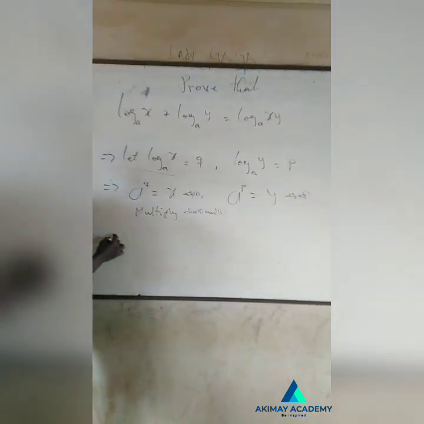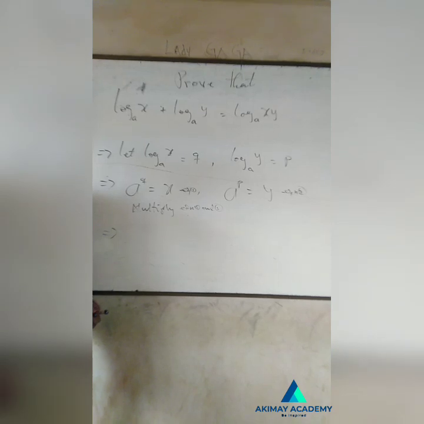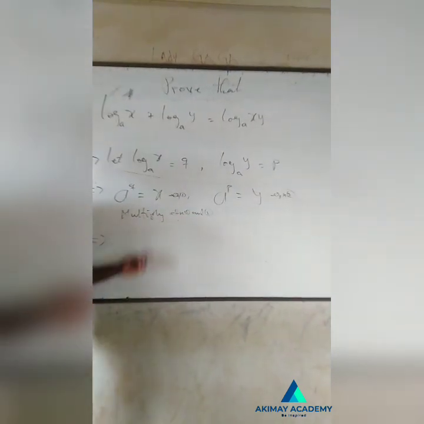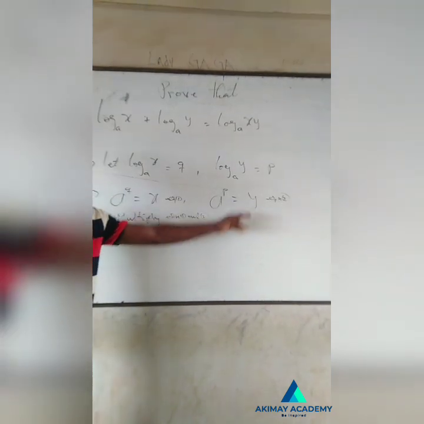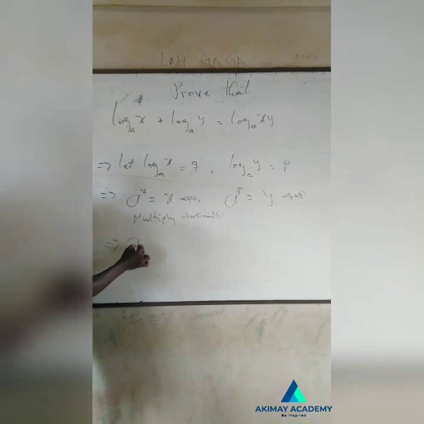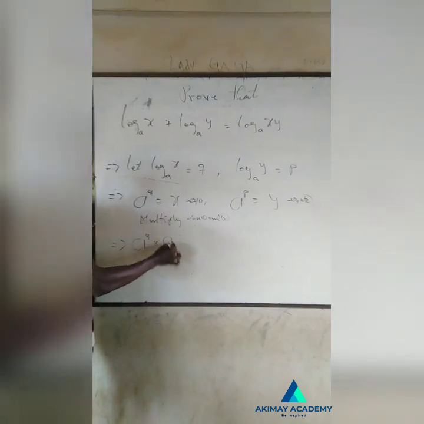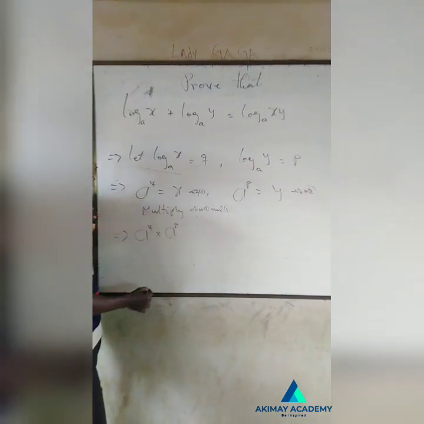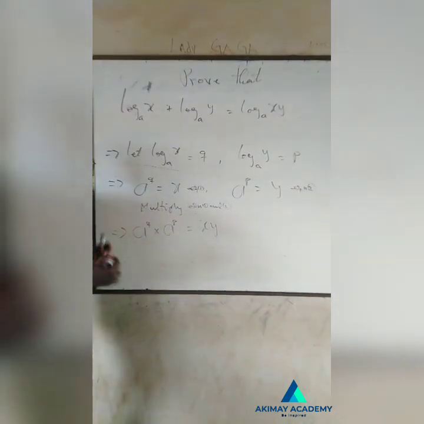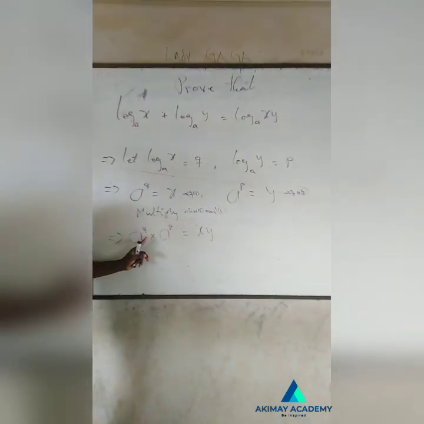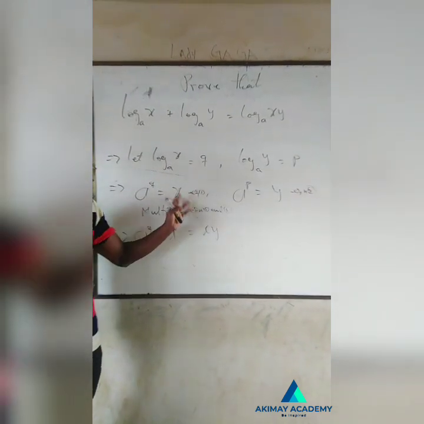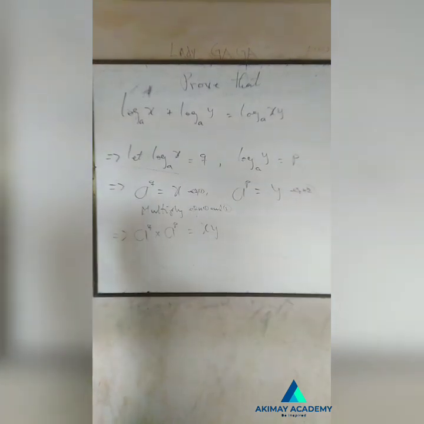Here we multiply corresponding values: a exponent q multiplies a exponent p, and x multiplies y. So a exponent q multiplying a exponent p equals x multiplying y.